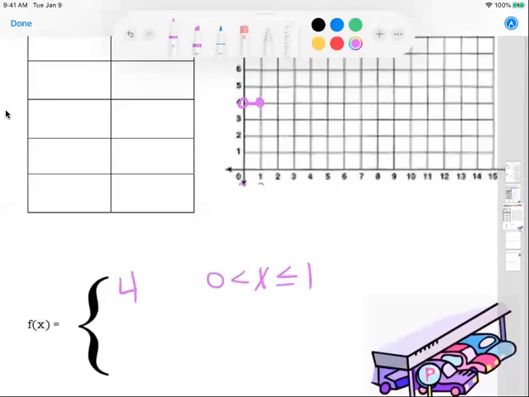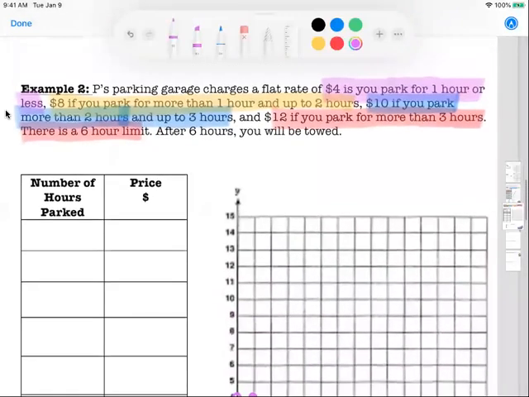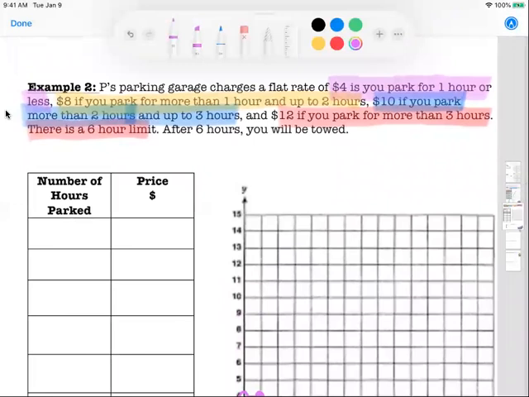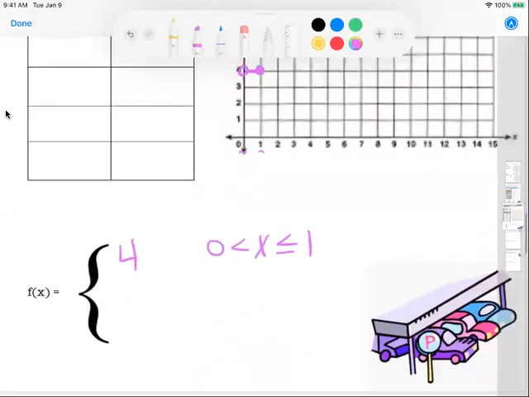All right, now if we have parked for more than 1 hour and up to 2 hours, and we're going to say that includes 2 hours, it's going to cost us $8. So the next piece will be 8 if x is greater than 1, but less than or equal to 2.